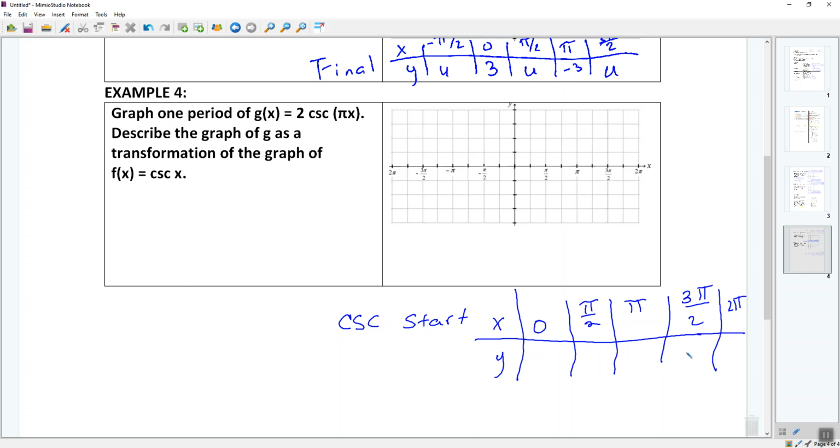Okay, friends, cosecant column is what you're in right now. Cosecant of 0 is undefined for me. Cosecant of pi over 2 is 1. Cosecant of pi. Cosecant of 3 pi over 2 is -1. Cosecant of 2 pi.